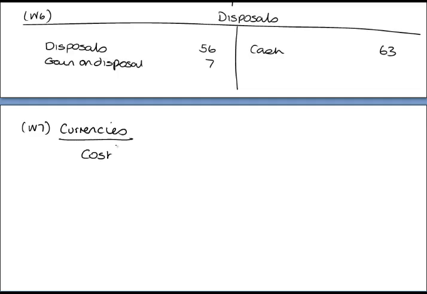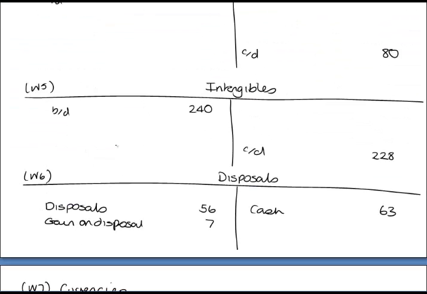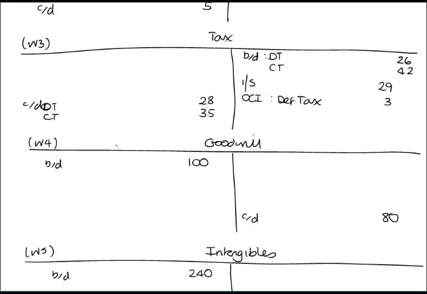Oh, sorry, yes, I've missed off deferred tax of 2 million, which has been deducted in arriving at the gains on the property revaluation. So I'm going to put that into my deferred tax calculation here. Revaluation, deferred tax, 2 million. Sorry, I've missed that figure off.